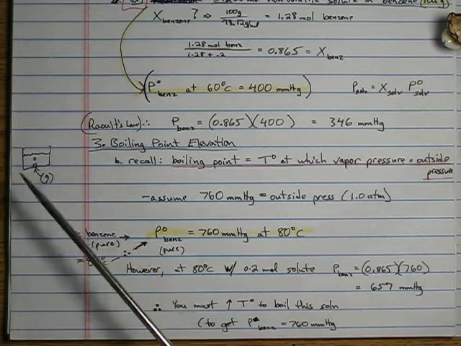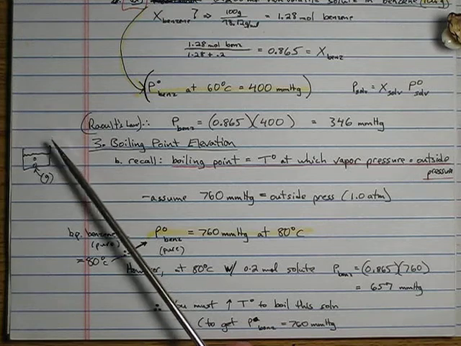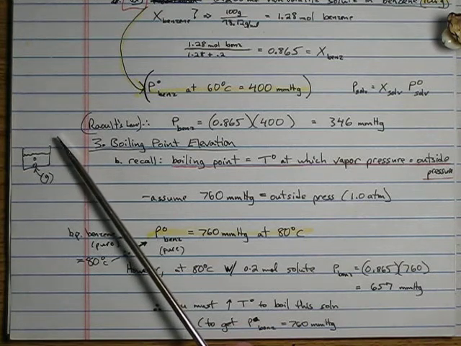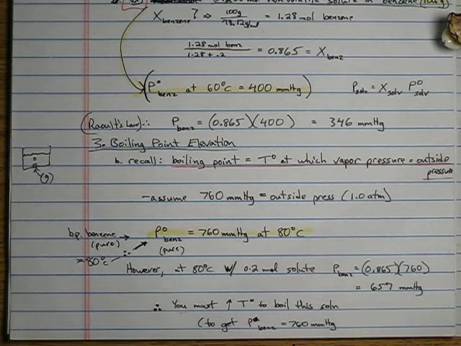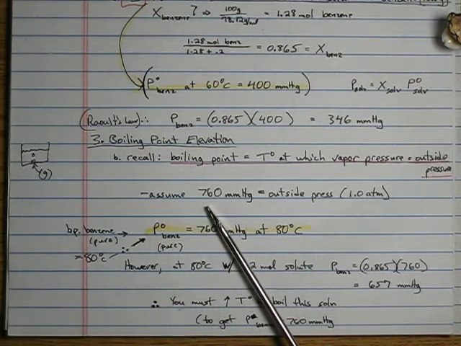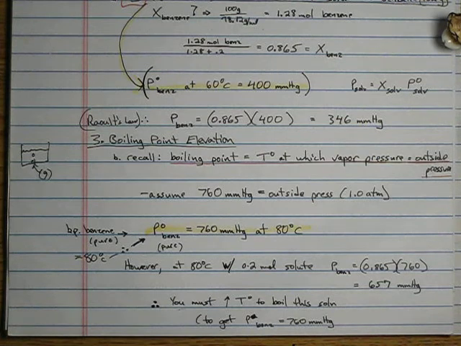All right, so the boiling point of water is 100 degrees Celsius at 1 atmosphere of pressure, 760 millimeters of mercury. So we're going to assume we're at 1 atmosphere, 760 millimeters of mercury of pressure.